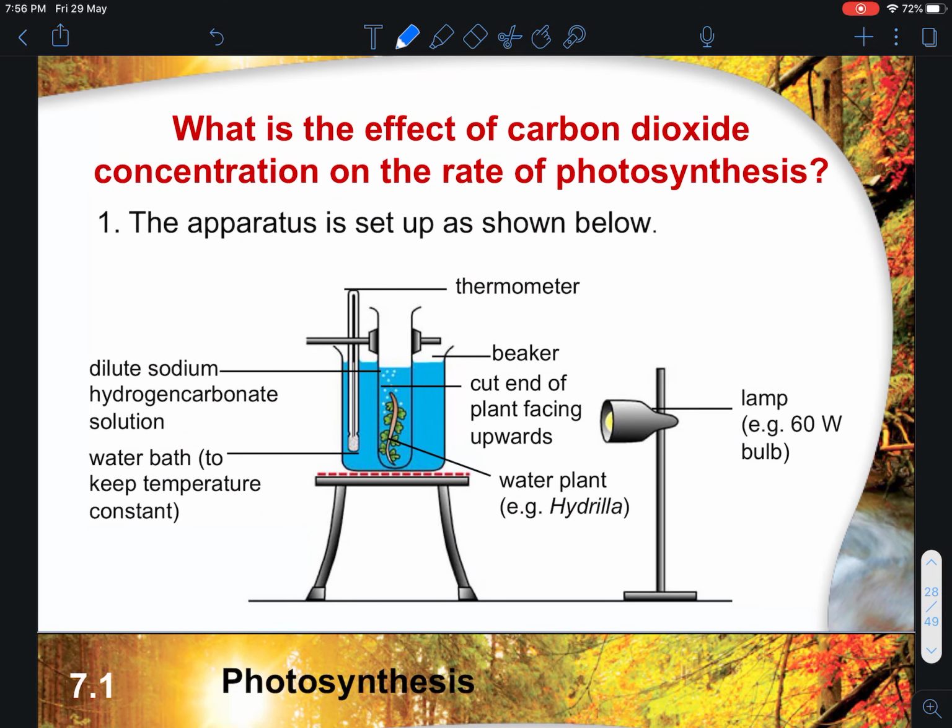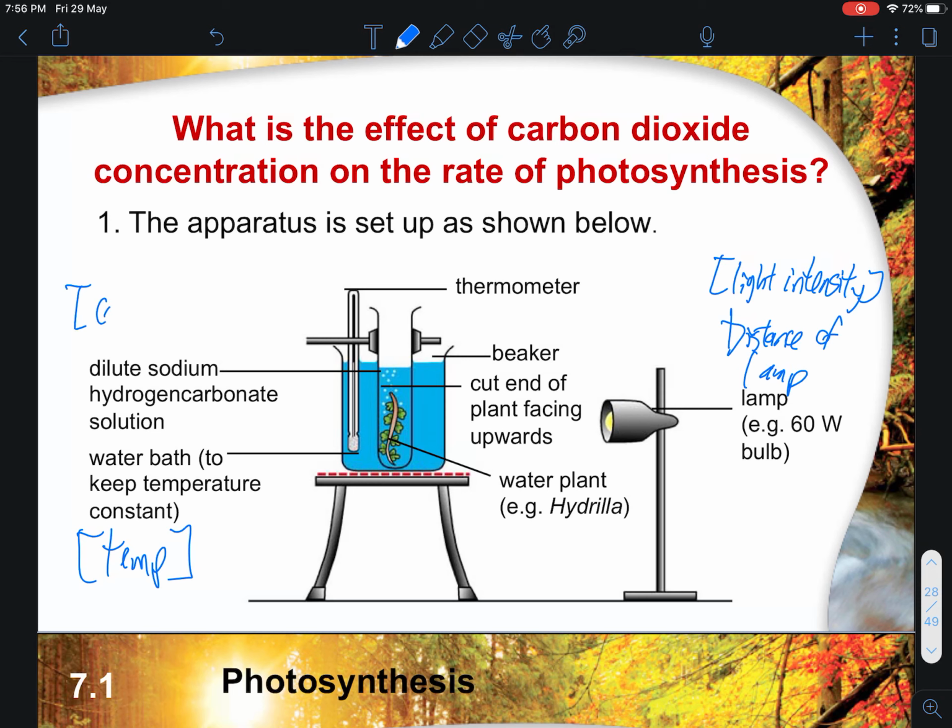Then next is, what is the effect of carbon dioxide? In order to adjust the carbon dioxide concentration of photosynthesis, this one is mainly for temperature, your water bath. Distance of lamp is mainly for light intensity. The concentration of sodium hydrogen carbonate is for CO2 concentration.